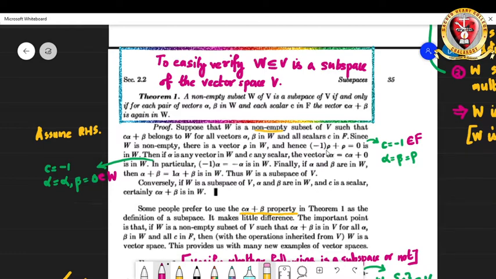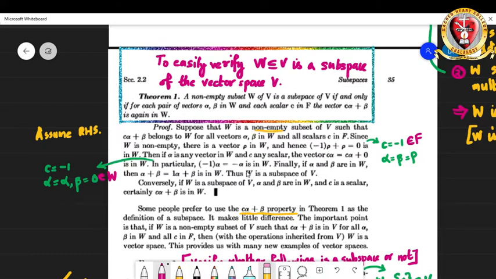That means if you have two elements inside W, the addition of those two vectors will be inside W. If you have an element, you have its inverse inside W, and the vector sum of the element and its inverse is equal to 0.